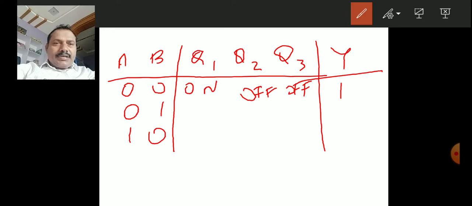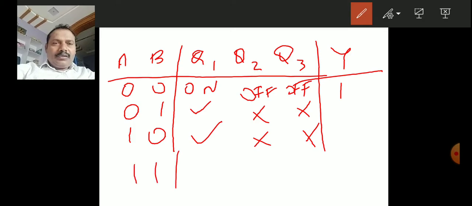For all these conditions, Q1 is on, and Q2 and Q3 are off. For 1, 1, Q1 is off, and Q2, Q3 get into saturation because they are receiving sufficient base current to conduct.